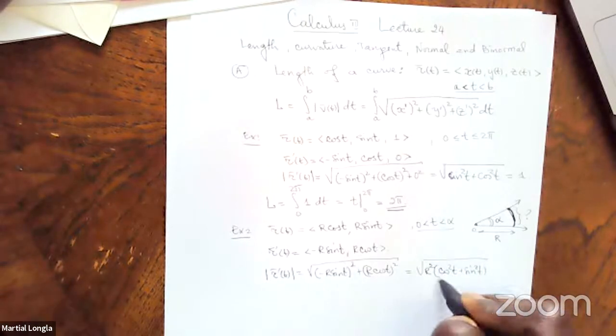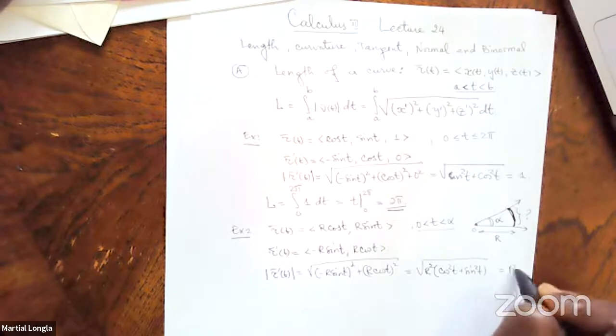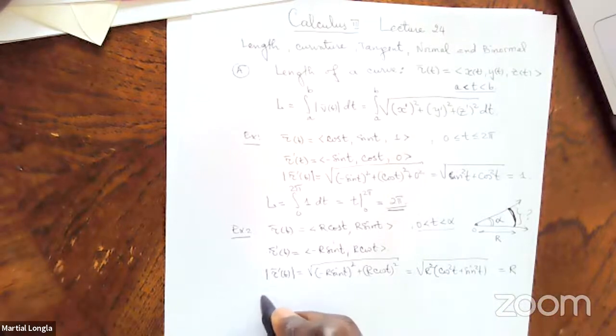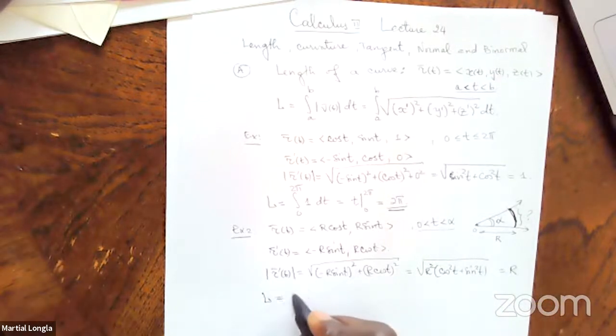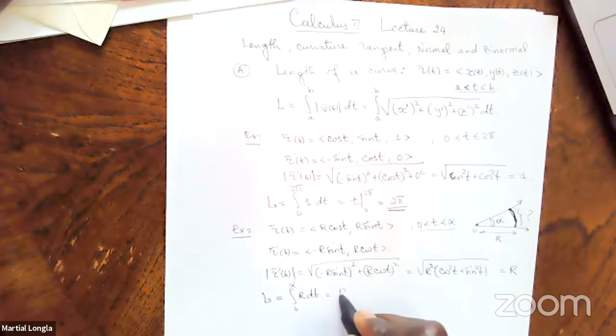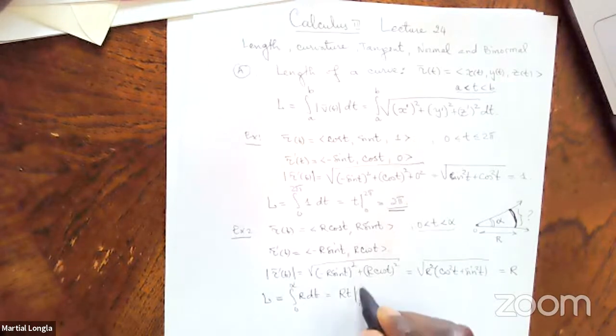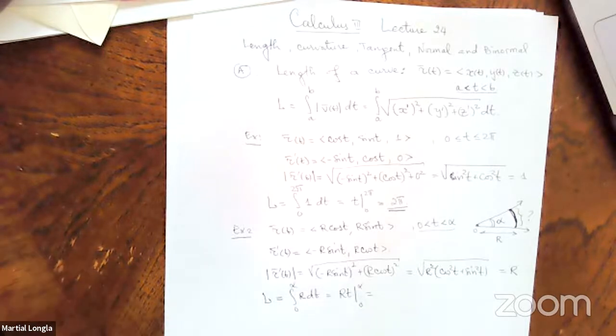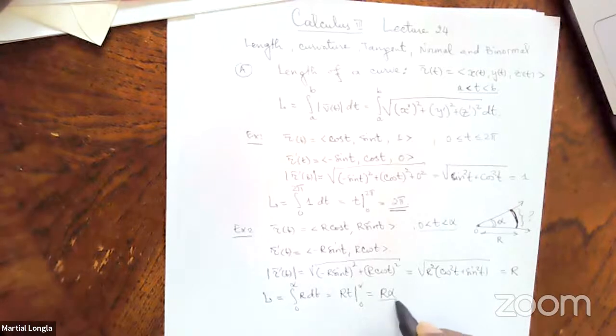And this sum is 1, and that square root is equal to r. So L equals the integral from 0 to alpha of r dt, which is rt, plug in 0 then alpha. So you get r times alpha.